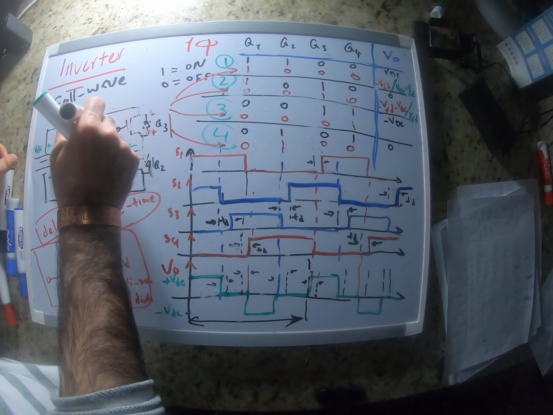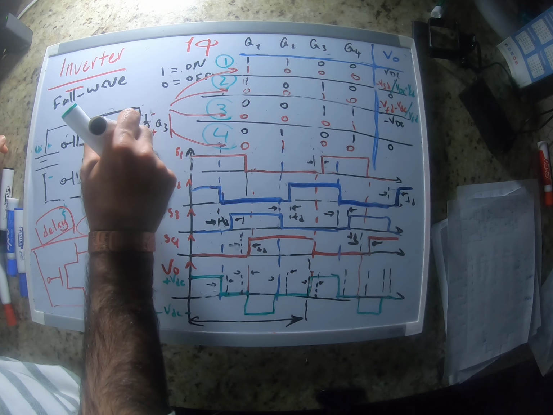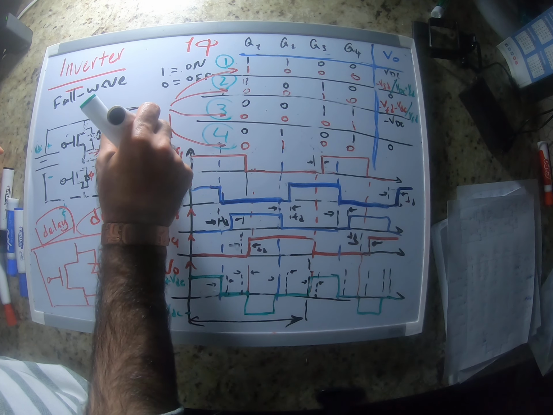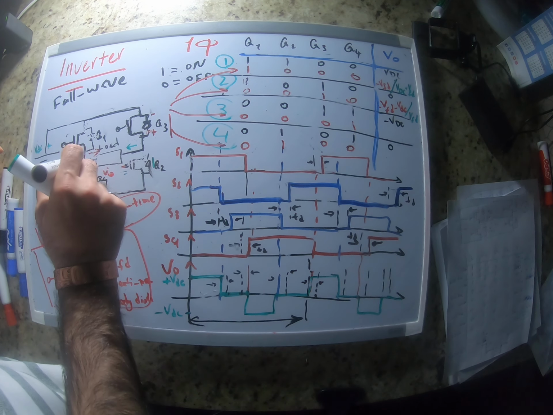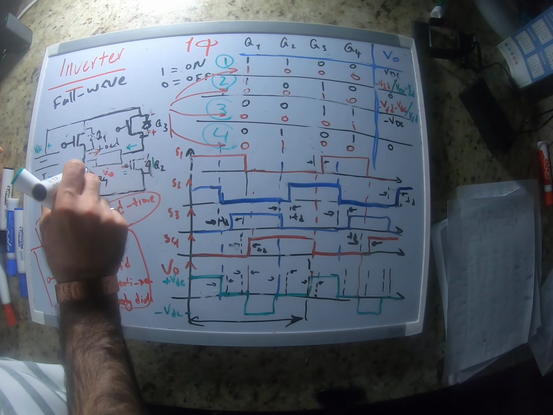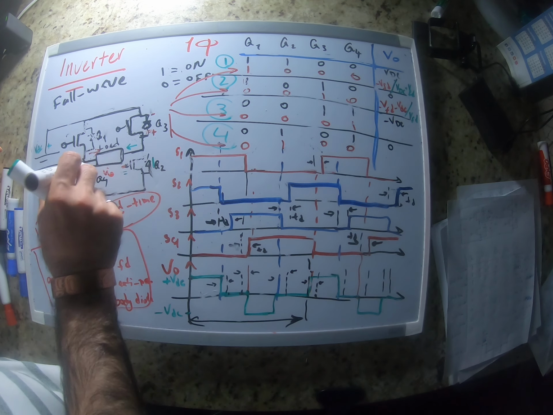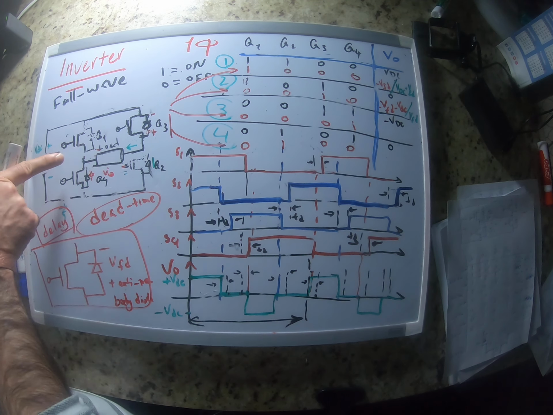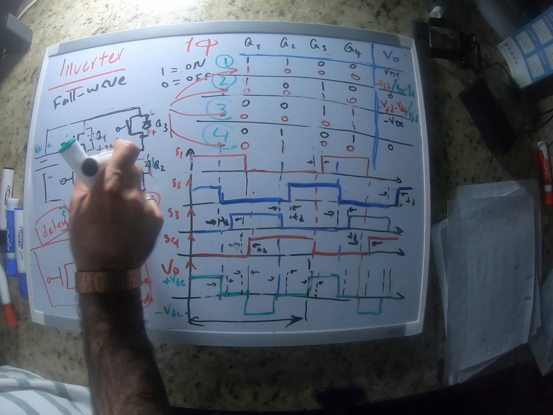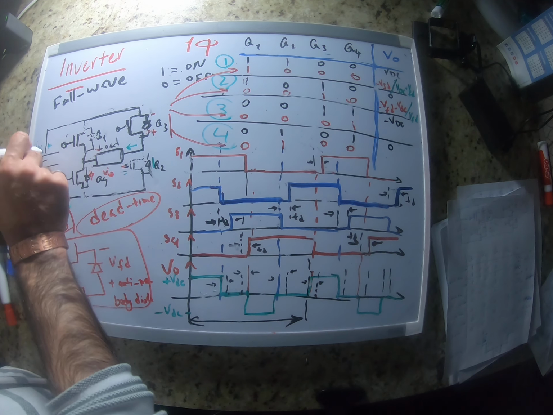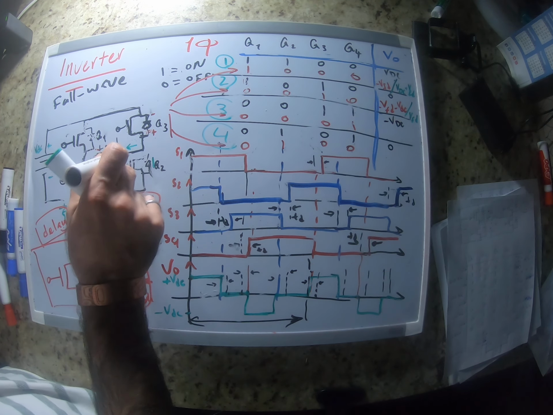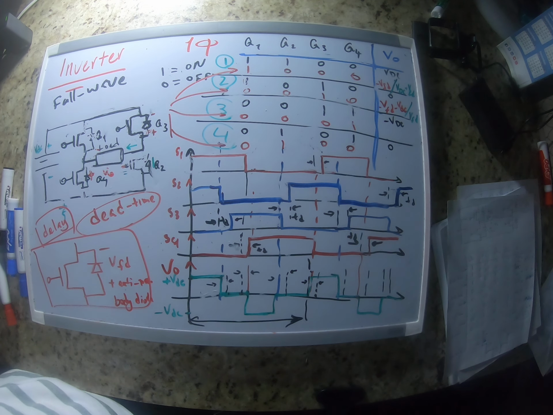Let me make this more clear. If the current is going this way, it goes through switch 3, goes back to the source, and then from switch 4 it goes back to the load.